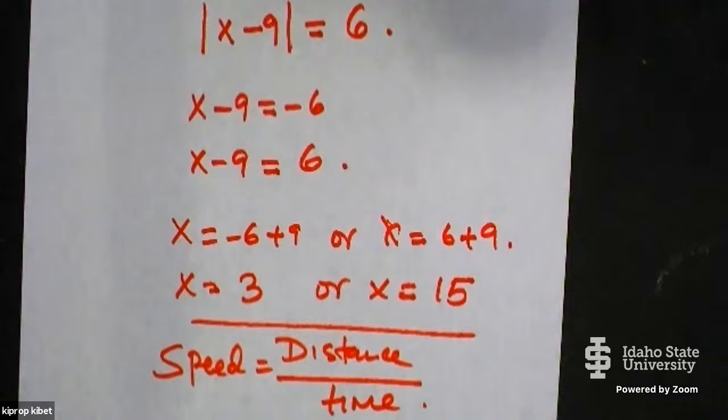If it is against the current, then it reduces the speed, so you subtract.